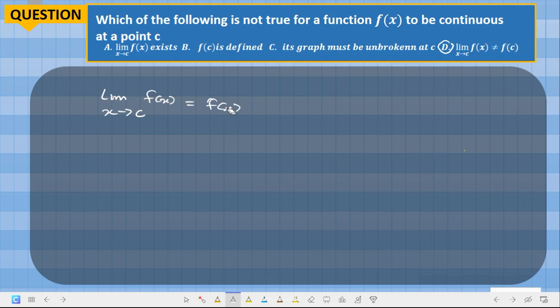So this becomes f of c. That's when the function tends to be continuous. But when it is not equal to, then that is wrong. So this is wrong.